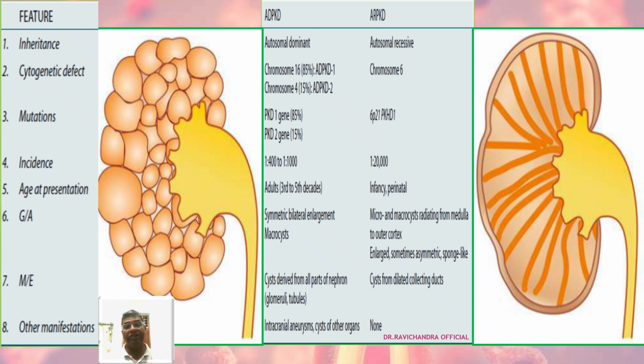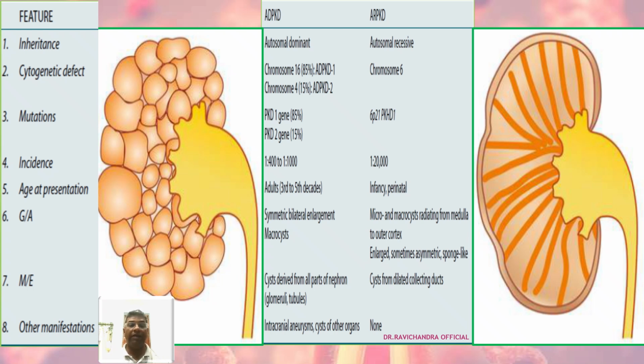Coming to the childhood disease, autosomal recessive polycystic kidney disease, it is 6p21, PKHD1 gene. Coming to the incidence, ADPKD is seen in 1:400 to 1:1000, whereas the incidence is 1 in 20,000 for ARPKD.